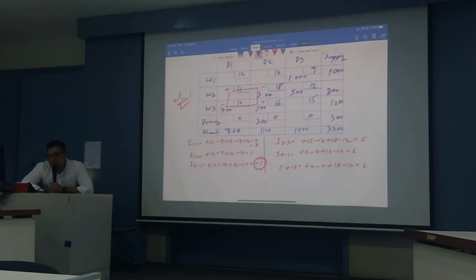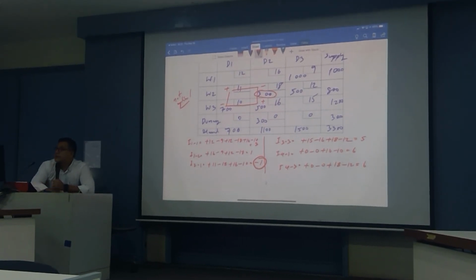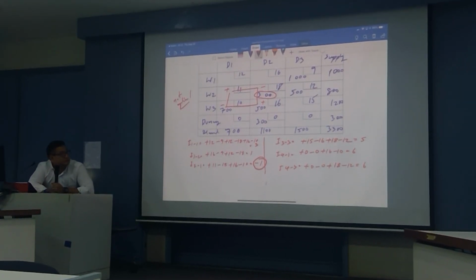And then we look at the minus signs, right? The lowest value is 300, so we circle 300 right here. So then we can use this value, adding and subtracting at the corners based on the sign.